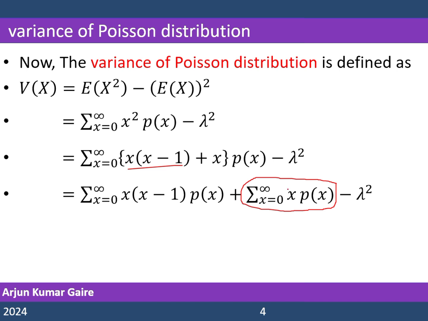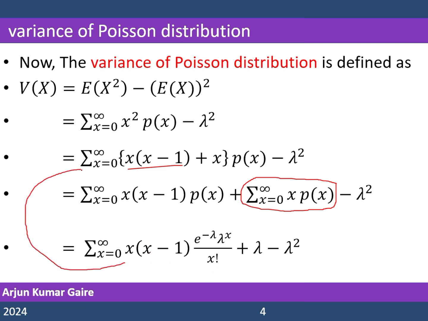We calculate the expression of the first term after substituting the value of p of x from the Poisson distribution. The motive behind this simplification is that x factorial produces the term x multiplied by x minus 1 factorial, x minus 2 and so on, so to cancel these terms, we break the x square term into these two terms. This is one key point you have to remember while proving the variance of the Poisson distribution. And this term is the mean itself.